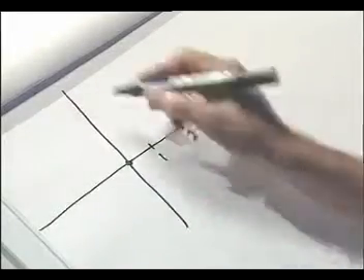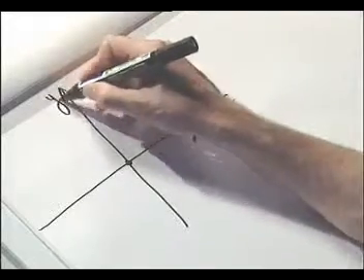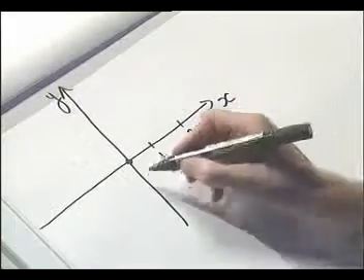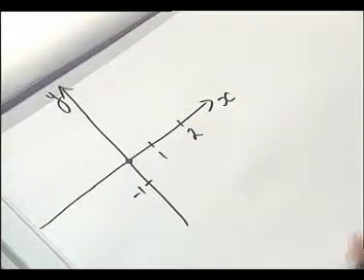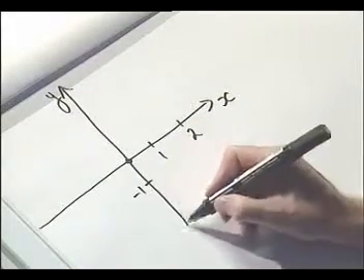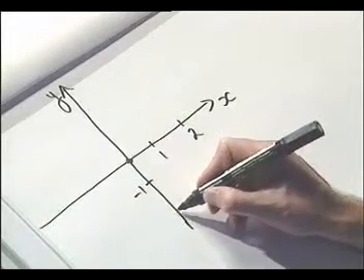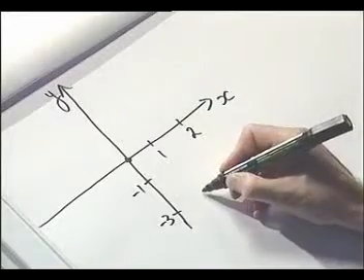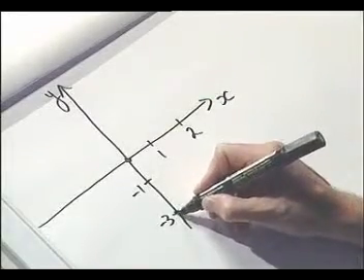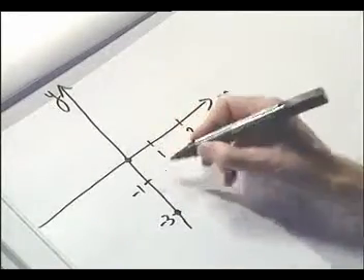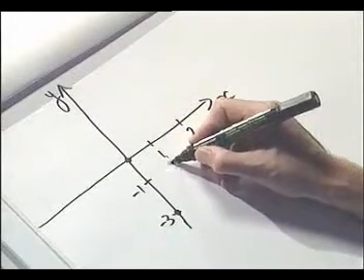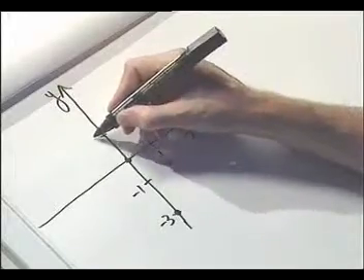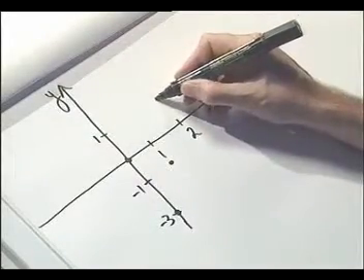So that was x on there and y there. And let's put on the values of y that we got. When x was 0, our value of y was minus 3. So that's there. When x was 1, our value was minus 1. And when x was 2, our value was 1.